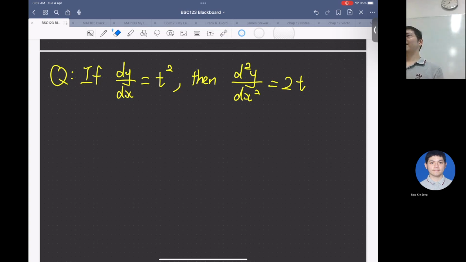Why? Yeah, so the variable here is different. You cannot just differentiate with respect to t. So what are you doing here?